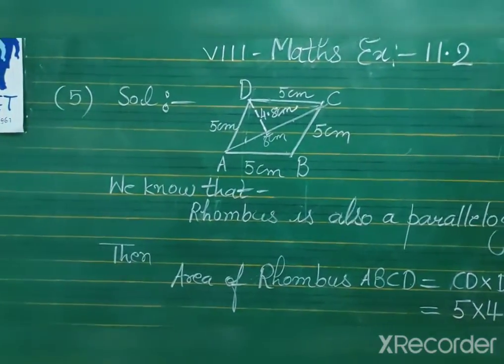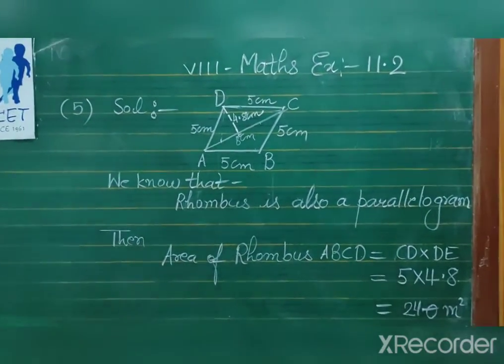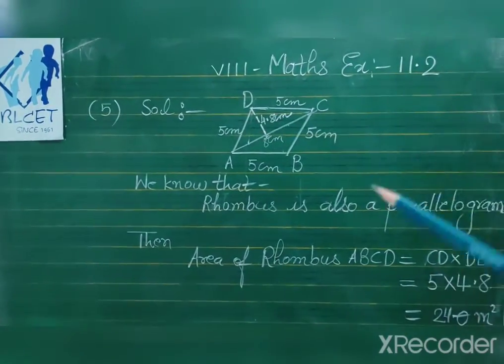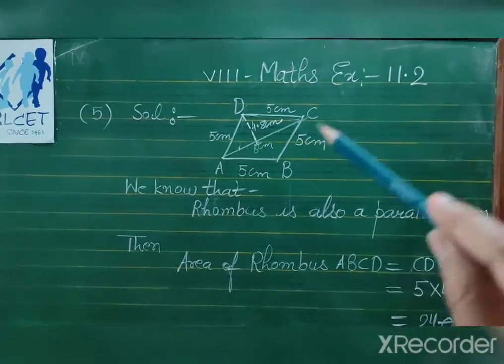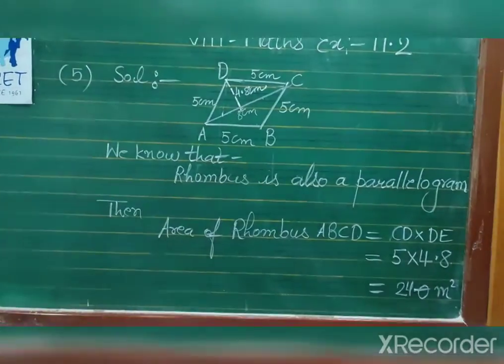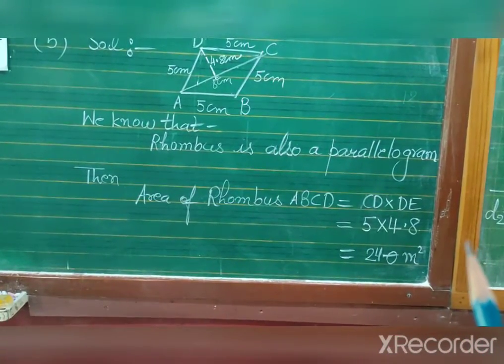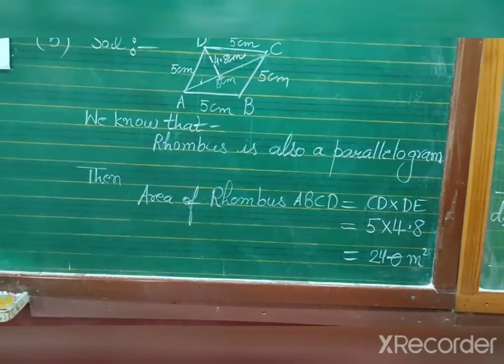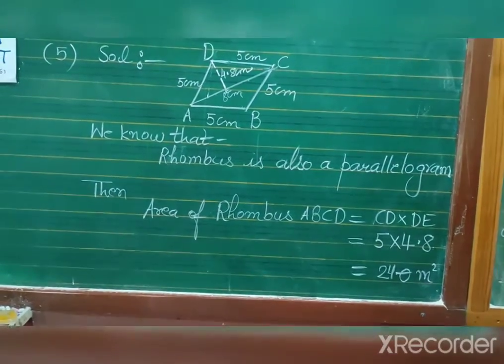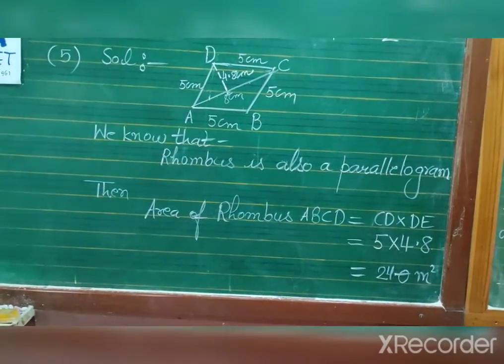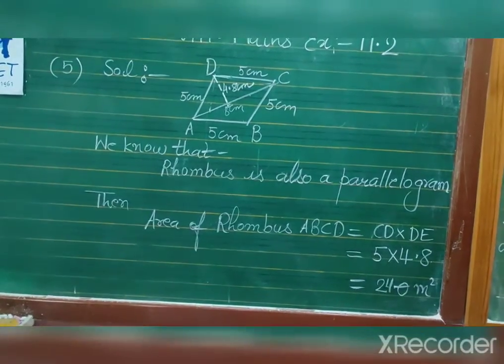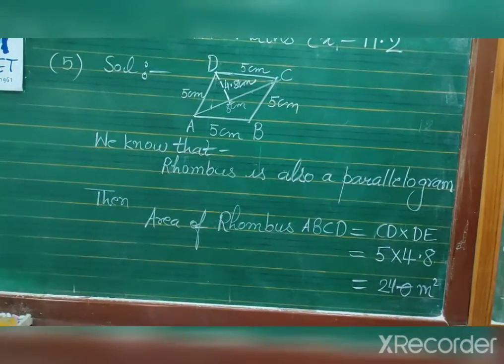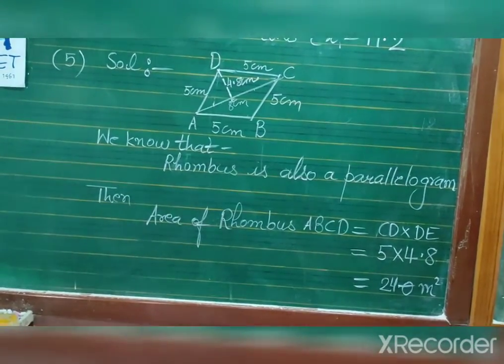Now see in the next question, rhombus ABCD. Height is given, diagonal is given, side is given. But we know that a rhombus is also a parallelogram. Same way, a square is also a rectangle, but a rectangle is not a square. Same way a rhombus is also a parallelogram, because it fulfills all the properties of a parallelogram.